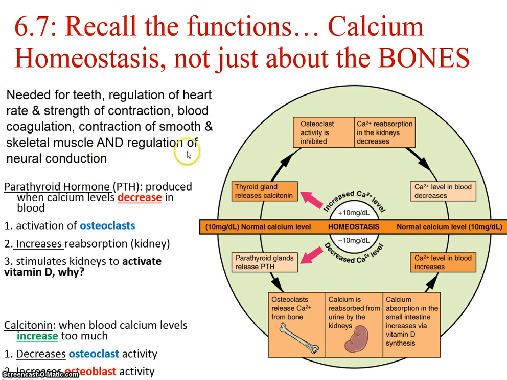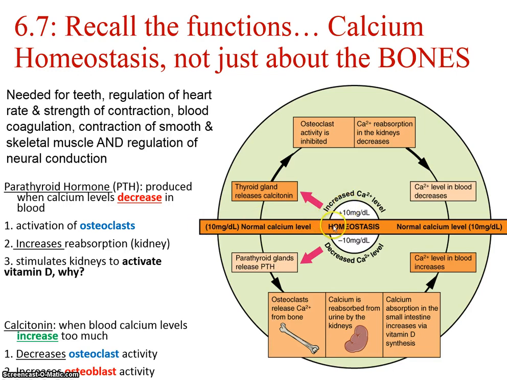So a very important ion. It's a mineral, but it's ionized in the body. The level in the blood, the homeostatic balance, is around 10 milligrams per deciliter, or 100 milliliters of blood. If it goes up, we are out of balance. If it goes down, we're out of balance. And we have to have a solution for both of those situations.